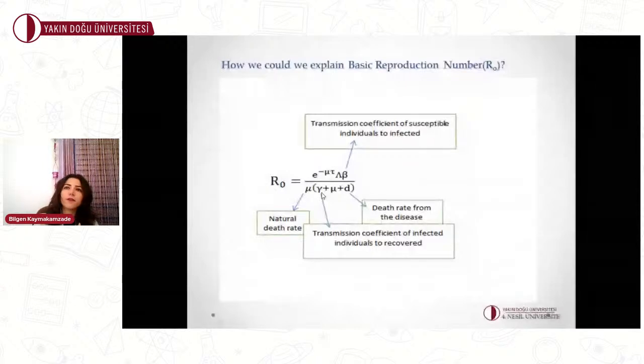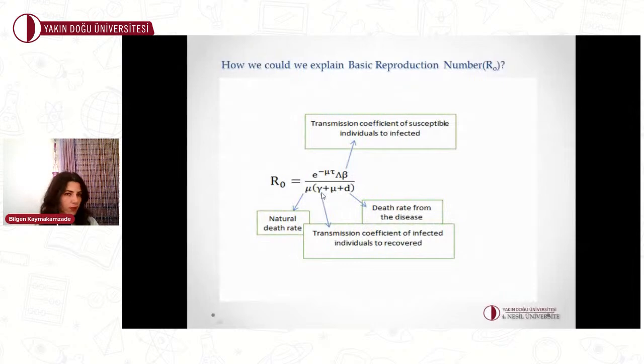So maybe an infected person can take some treatment and recover from the infection. So if we increase the treatment, or if we can increase vaccination, then we can remove these classes.